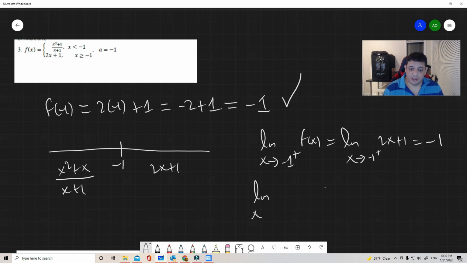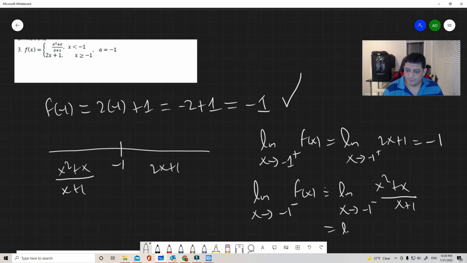On the other hand, when I do the limit when x goes to minus 1 by the left side, it is going to behave like the other function, so (x squared plus x) divided by (x plus 1). Notice that I can actually factor an x from there. So this is x(x plus 1) over (x plus 1), and I get to cancel the x plus 1. So that becomes the limit when x goes to minus 1 of x, which is going to be minus 1.